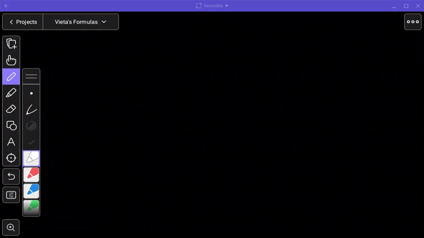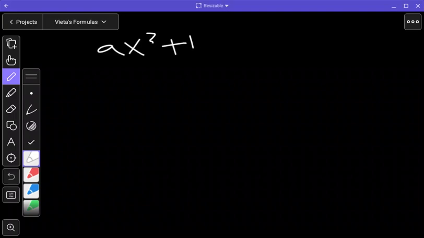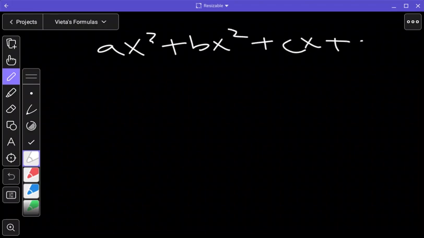But what about Vieta's formulas for higher degree polynomials? For example, what about a cubic? ax cubed plus bx squared plus cx plus d. Well, it turns out, this now has 3 roots, r1, r2, r3.